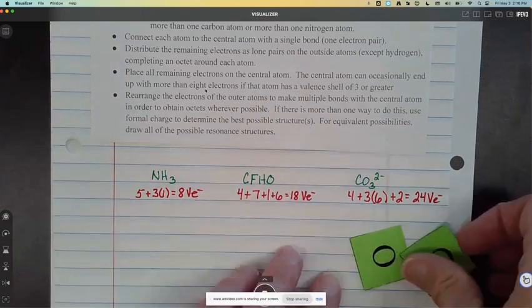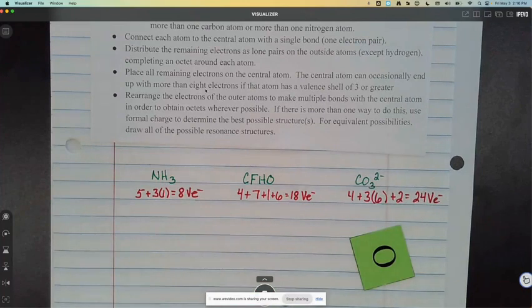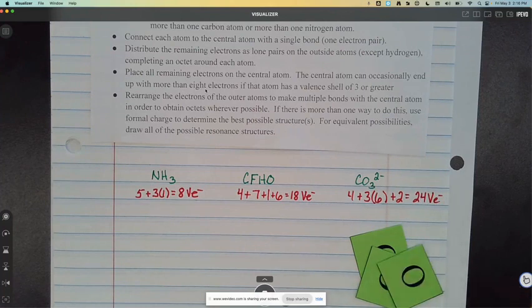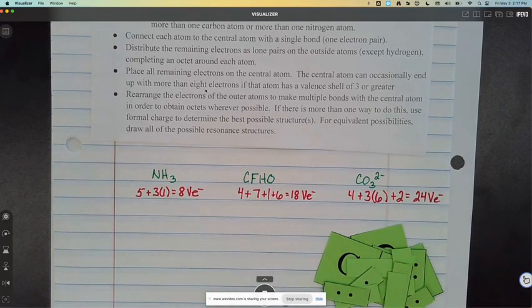So like here's 1, 2, third oxygen, 3 oxygens, a carbon, and now 24 electrons, so that'll be 12 pairs. 2, 4, 6, 8, 10, 12, 14, 16, 18, 20, 22, 24. Okay, there's that pile.